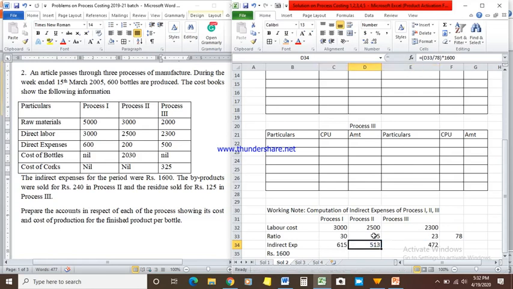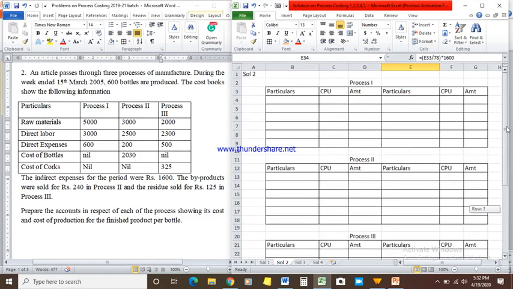Similarly, 25 divided by 78 multiplied by 1600. Next one, 23 divided by 78 multiplied by 1600. So I get the indirect expense cost. Now this I am going to use while recording.